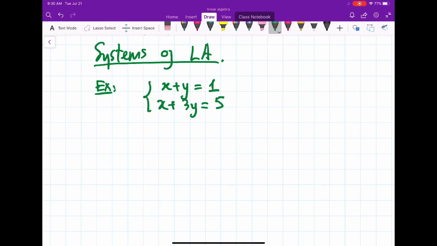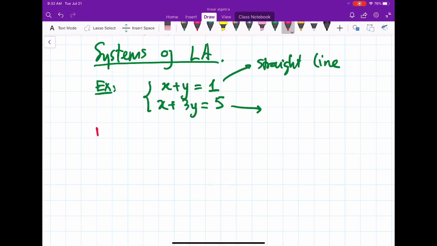Okay, so this is an equation of one straight line. We just talked about that, right? And this is another straight line. Solving this system means we need to find all pairs of x and y satisfying both equations. That means we just need to find the intersection of two straight lines.